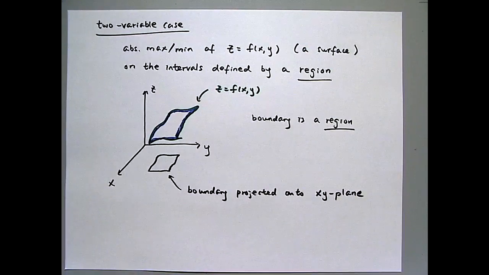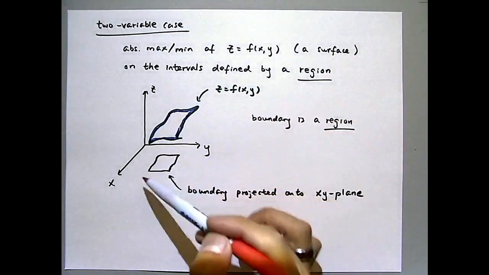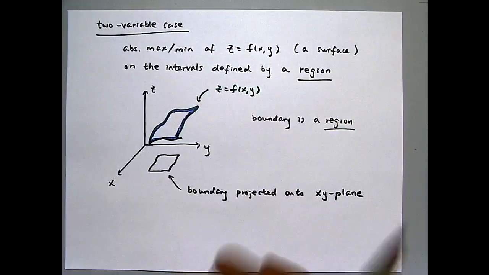But the basic idea is the same. Absolute maximum and minimum can occur at any of the interior critical points or anywhere on the boundary.